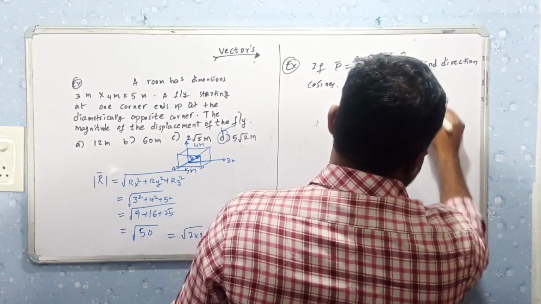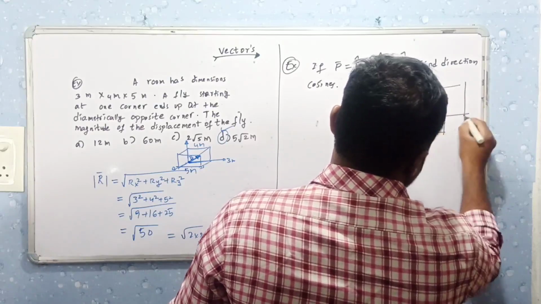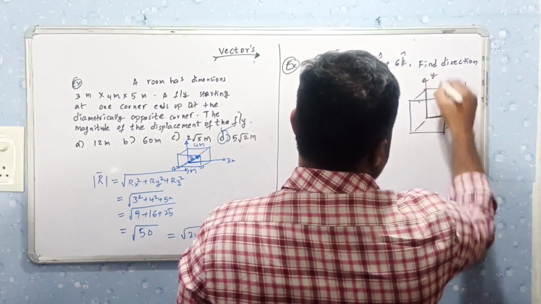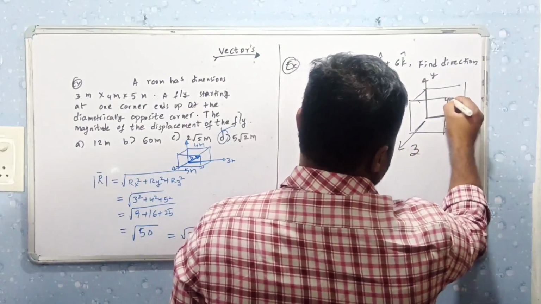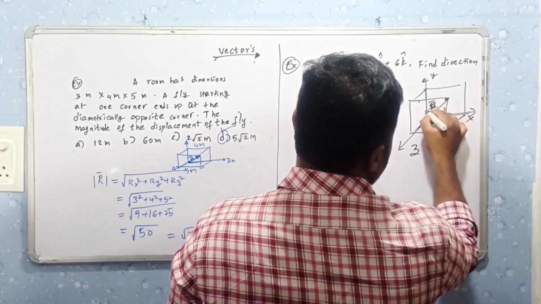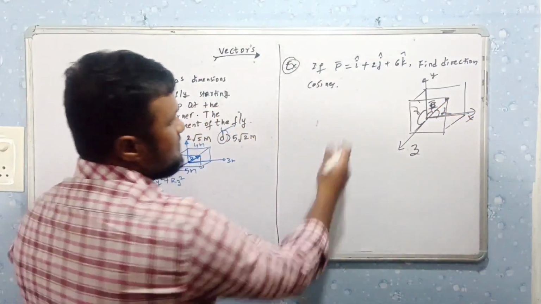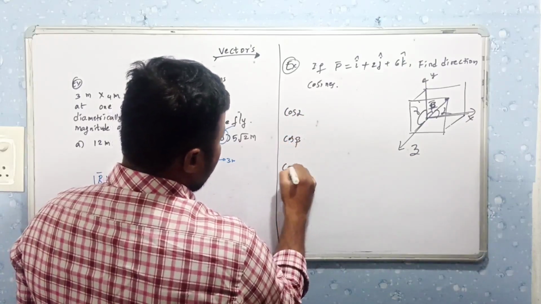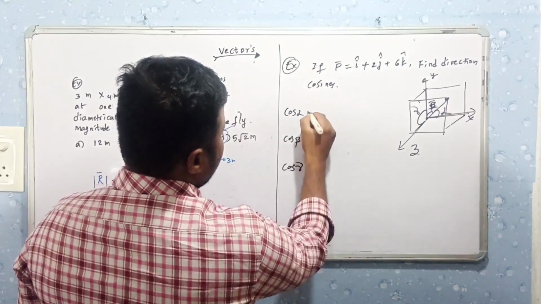Again the same scenario, cubical format, x-axis, y-axis, z-axis. The vector r bar making angles alpha, beta, gamma. Simply you have to find cos alpha, cos beta, cos gamma.